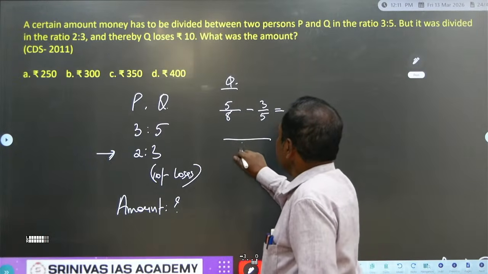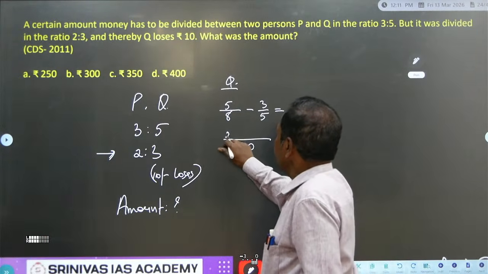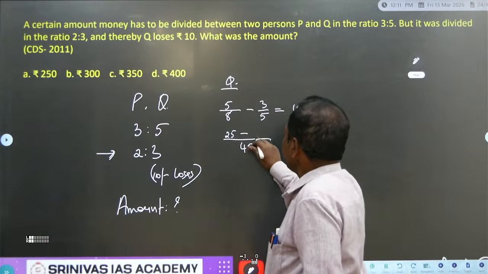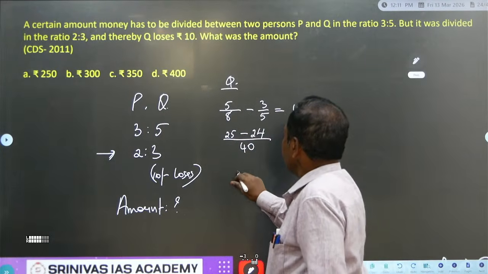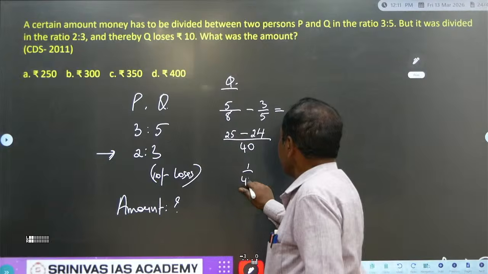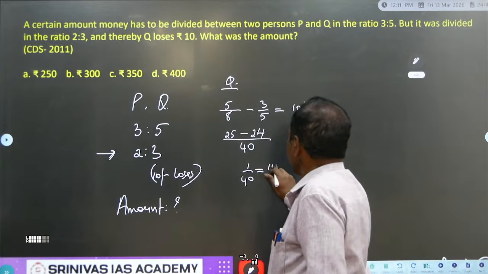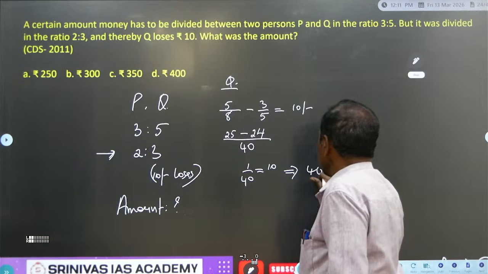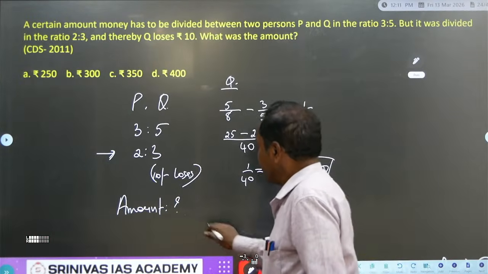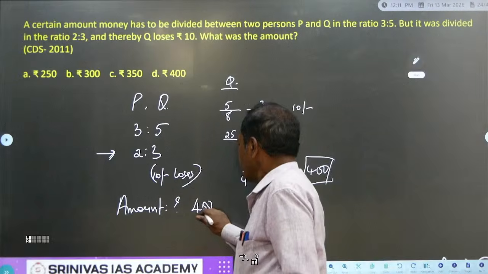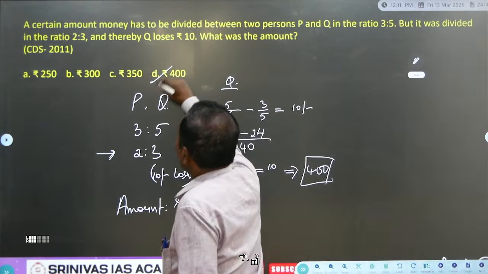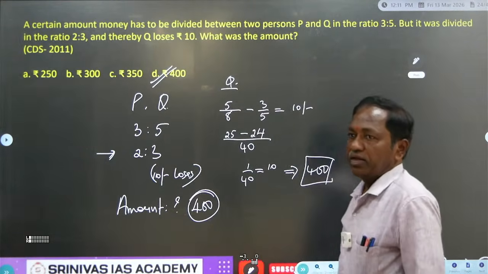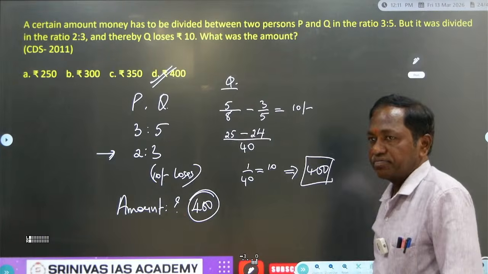Now we can see the LCM 40, 25 minus 24 is 1, so 1 by 40 equals 10. So next step is what? 400 rupees. Total money is 400.